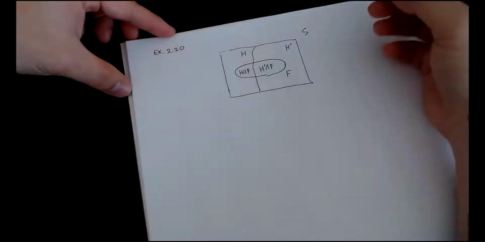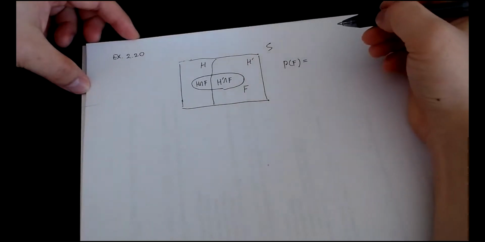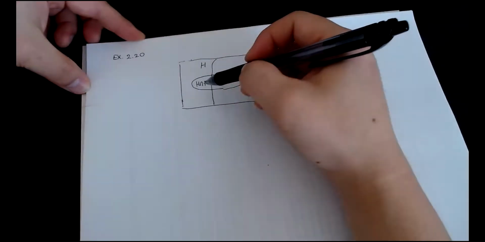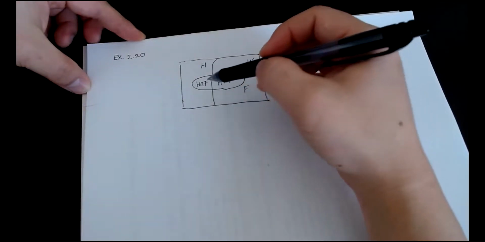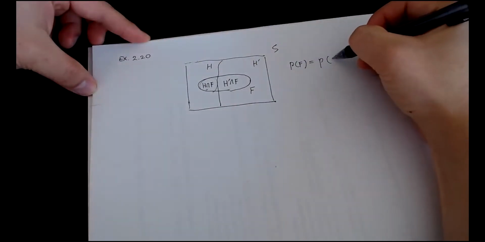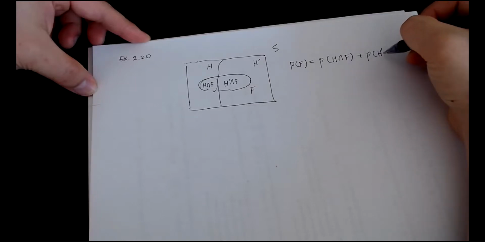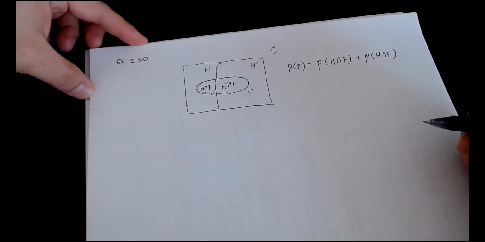So P of F is equal to the probability of H intersection F plus the probability of H prime intersection F. That makes sense, right?